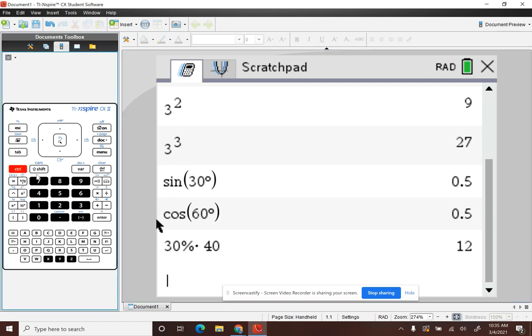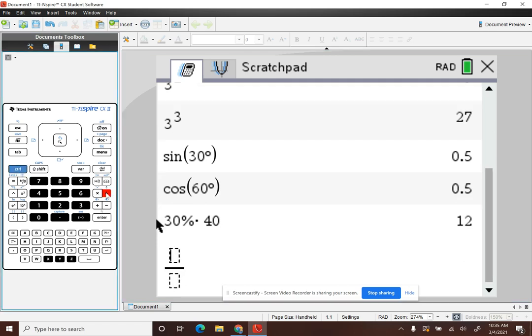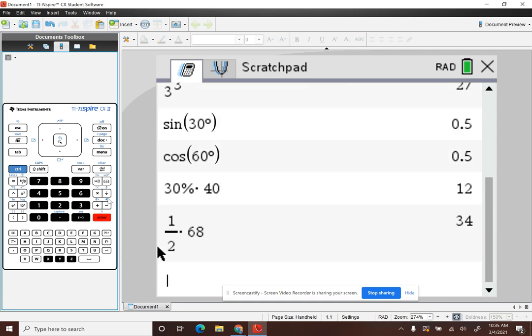Well, I hit Control and the divide sign, and notice it puts it in that format for me. So if I needed to take 1/2 times 68, find 1/2 of 68, then that equals 34. So again, Control Divide will give you a fraction.